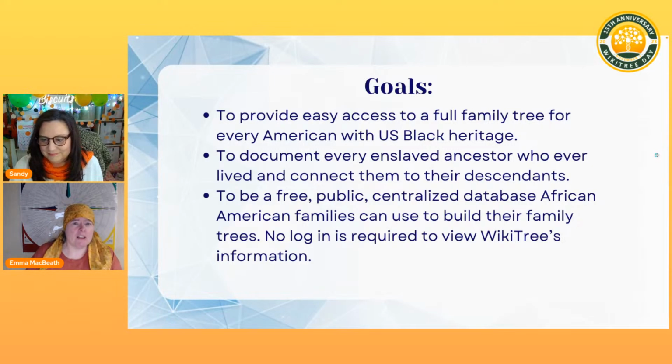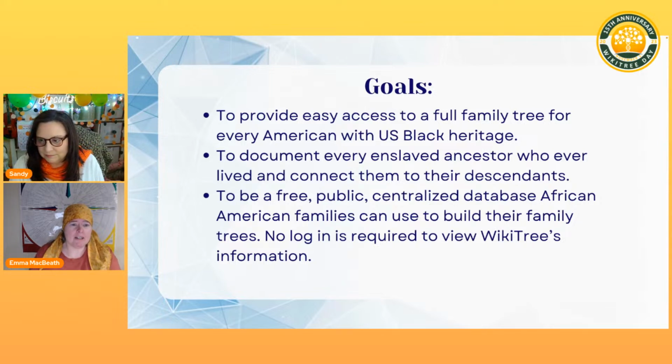We have a lot of goals, but just broken down here are a few of our overarching goals, and that is to provide easy access to a full family tree for every American with U.S. Black heritage. We plan to document every enslaved ancestor who ever lived, and we don't want to just document them. We want to connect them to their descendants and trees.